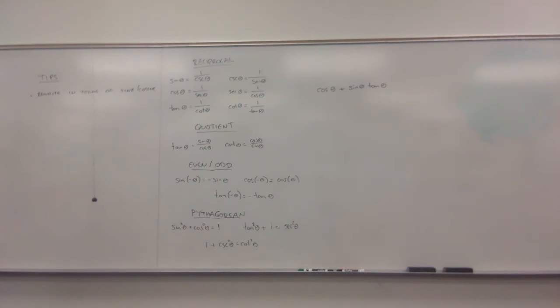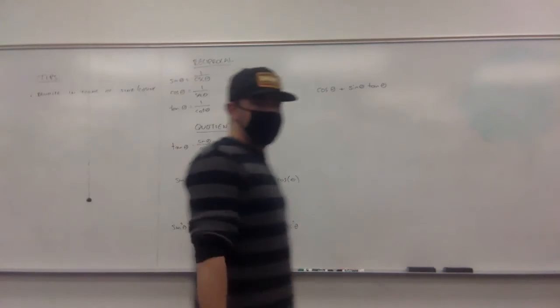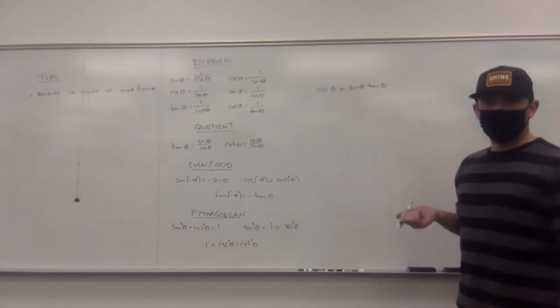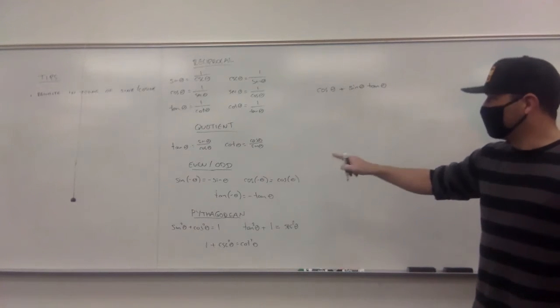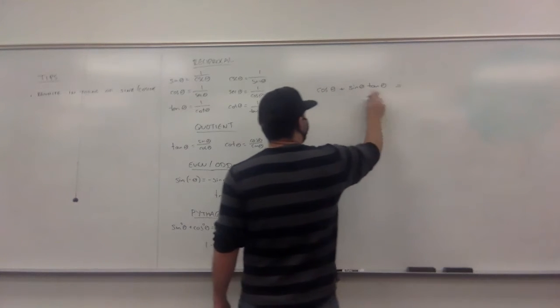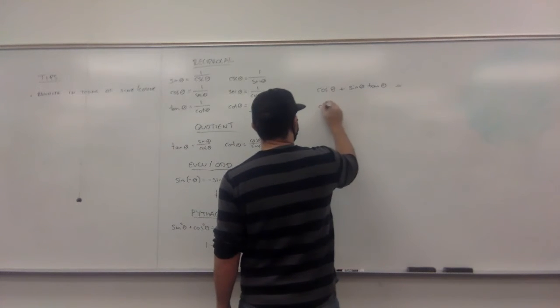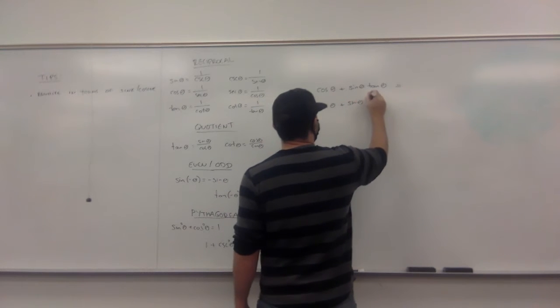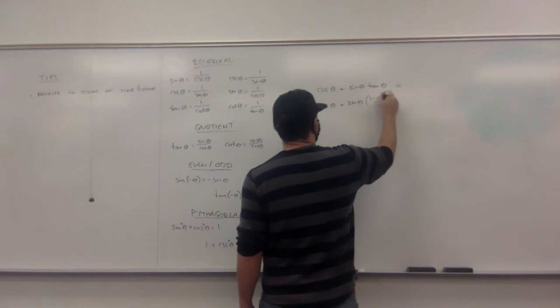So for my example here, 2 of the 3 trig functions in question are already sine and cosine. Tangent I can rewrite as sine over cosine using one of our quotient identities. So cosine plus sine times tangent is cosine theta plus sine theta times sine theta over cosine theta.